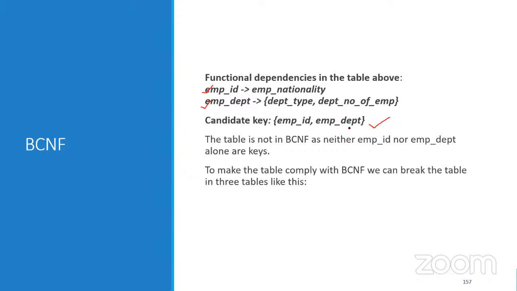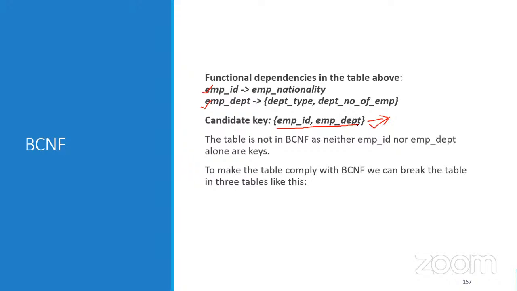From these two candidate keys you can retrieve all the information, that is employee ID, employee name, department number, department type, and the number of employees in the department, whatever information is available in the table. But here the determinant must be a super key, only one key.